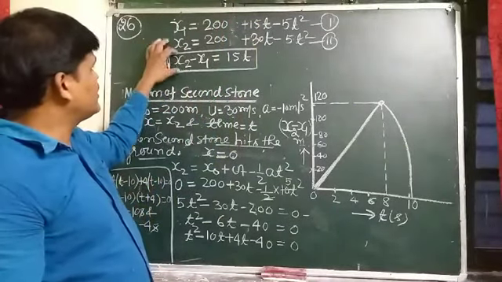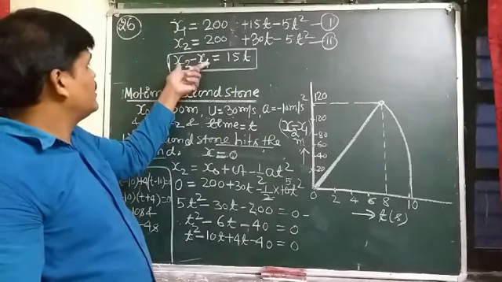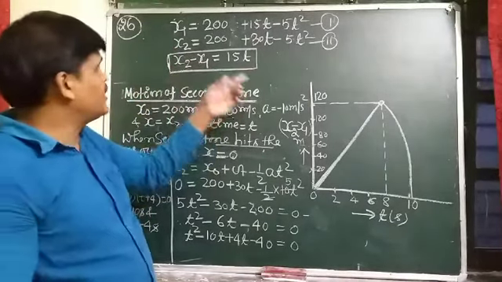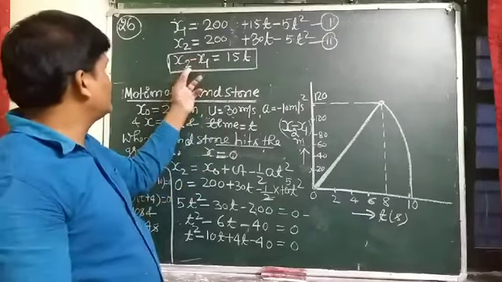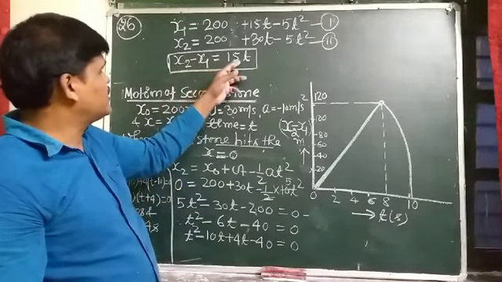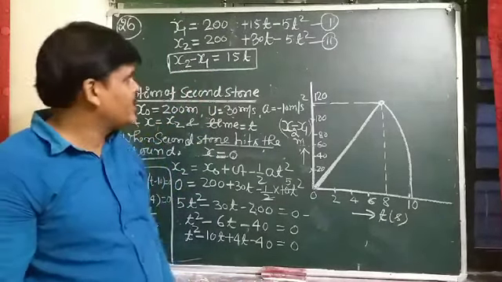So what is the relative separation between the two stones after time t before hitting the ground? x2 minus x1, which is equal to what? 15t.